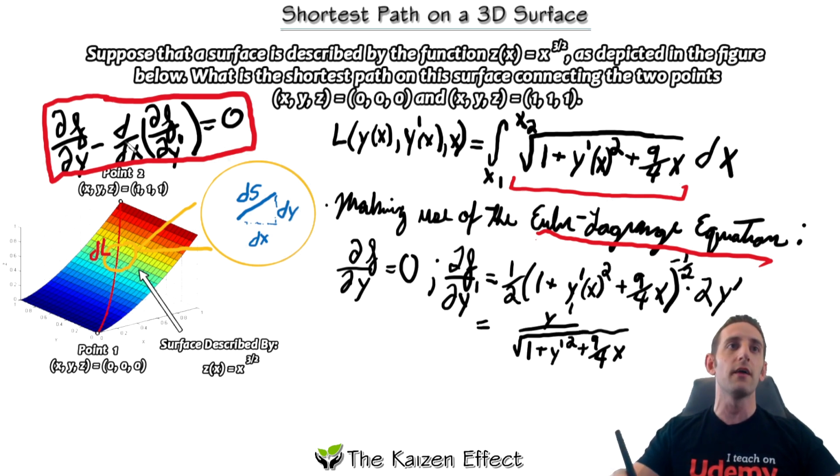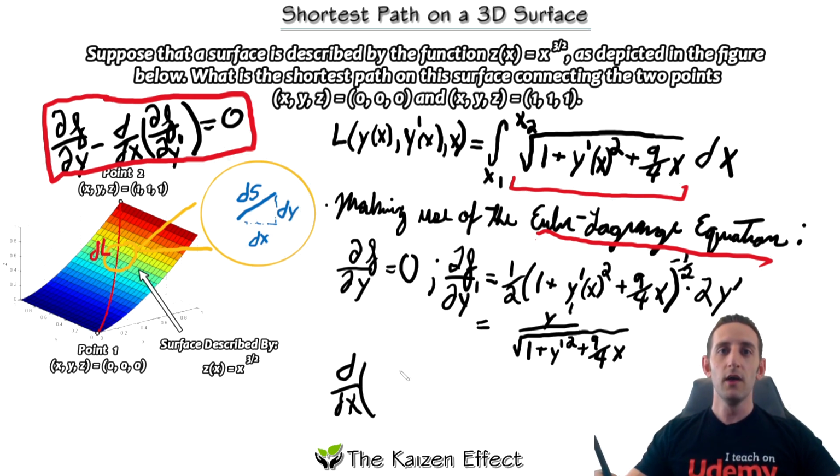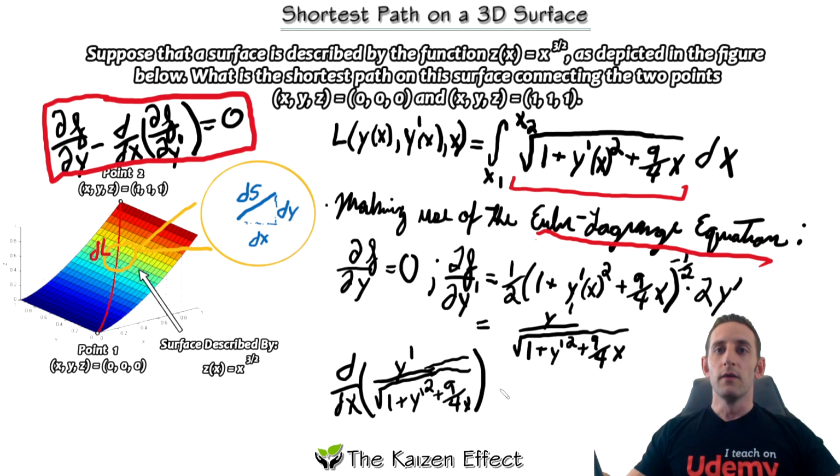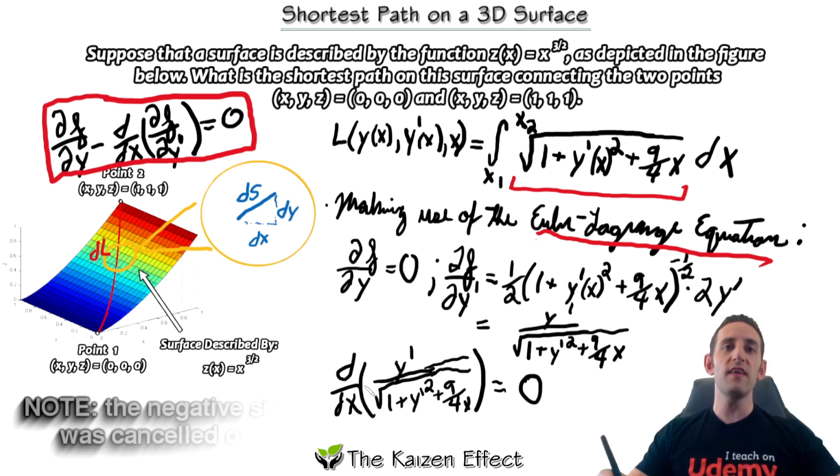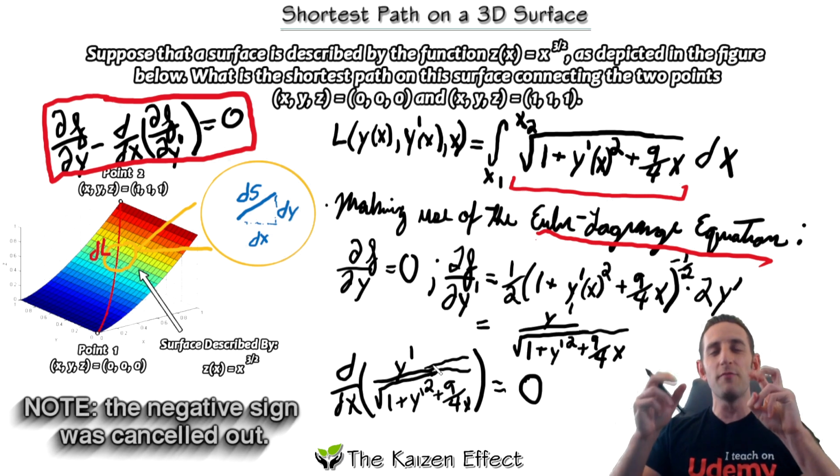We got this guy right here, but we know that we have to take d/dx. When we plug all these guys in, we find that the derivative with respect to x of this guy right here, which is just y prime over the square root of 1 plus y prime squared plus 9 over 4x, and I'm going to make that look a bit nicer, all of that has to equal 0. This is, in essence, sort of an equation of motion in a physicsy sense.